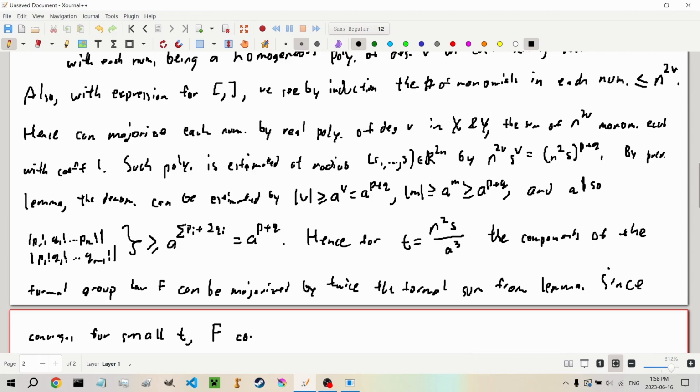So f converges for small s. Okay, and thus we get everything that we want.